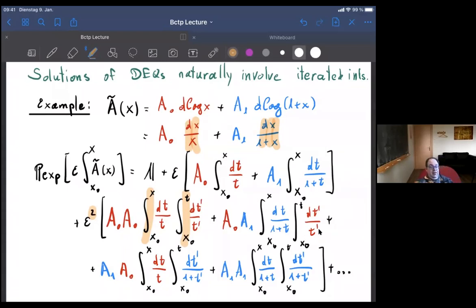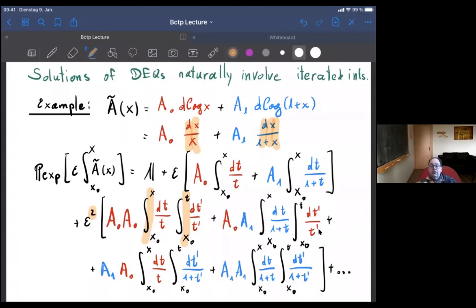The result is what it is, and the functions that show up in the answer are what they are. So the fact that I get these iterated integrals is essentially a general fact. So at every order in epsilon, I would have these iterated integrals. Those are the things that will show up. And so if you want to go on, you need to understand these iterated integrals.